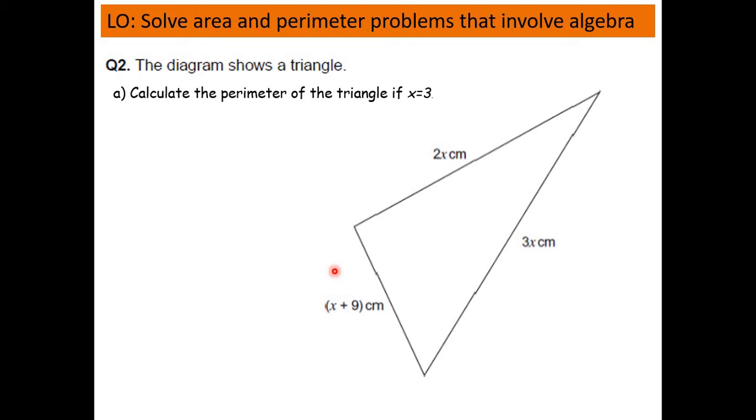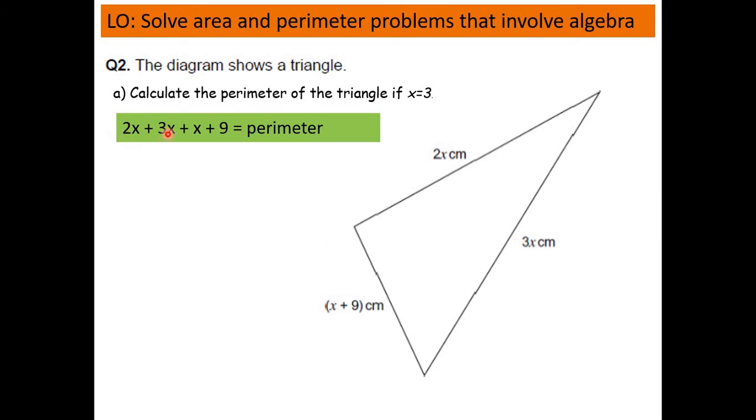So we're going to start out by writing out the formula as an addition. So we have our 2x plus 3x plus x plus 9, because we've taken them from each side. So we've got that. That looks a bit confusing. So we're going to collect our like terms. 2x plus 3x, that's going to give us 5x, plus another x is 6x, and 9 is our only number. So it is 6x plus 9.